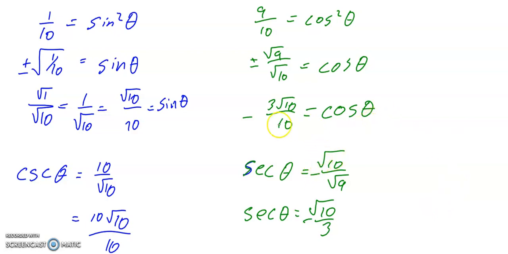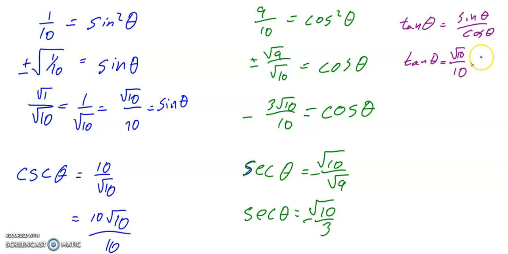Now we still need to find tangent and cotangent. Tangent of theta, remember, is going to be sine theta over cosine theta. So the tangent of theta is going to be sine theta, radical 10 over 10, times the reciprocal of cosine theta. So that's going to be 10 over 3 radical 10.